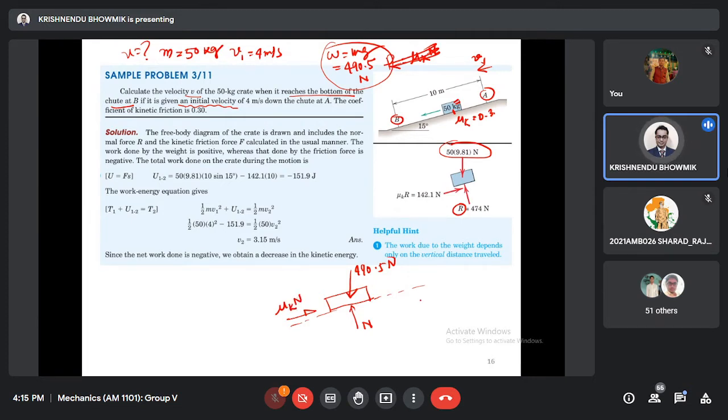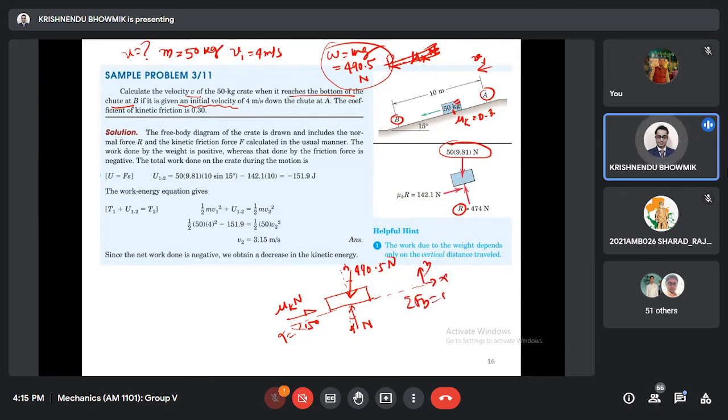N, mu k N and 15 degree, correct? This is 15 degree. Now this is alpha equal to 15 degree. So if it is 15 degree, this will be alpha, this also will be alpha. Okay. Now this is x, this is y.